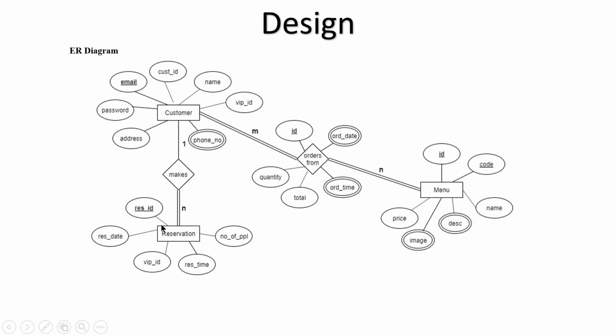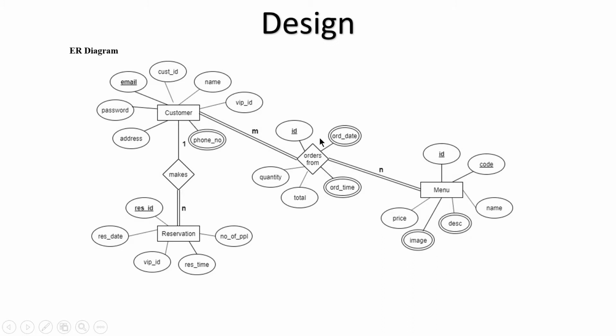The reservation table consists of reservation ID, which is a primary key, reservation date, VIP ID, reservation time, and number of people. Menu is an entity which consists of ID as the primary key, code, which is a unique key, name, price, image, and description. Image and description are the weak attributes of the table menu.